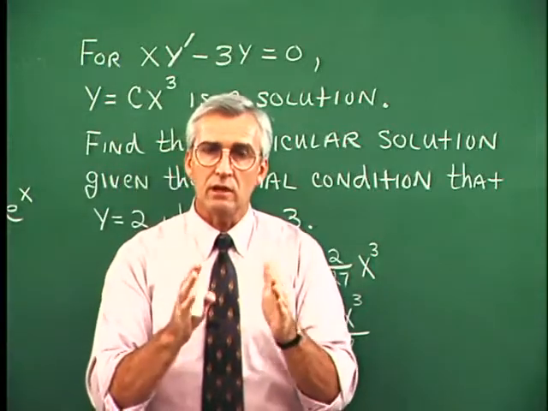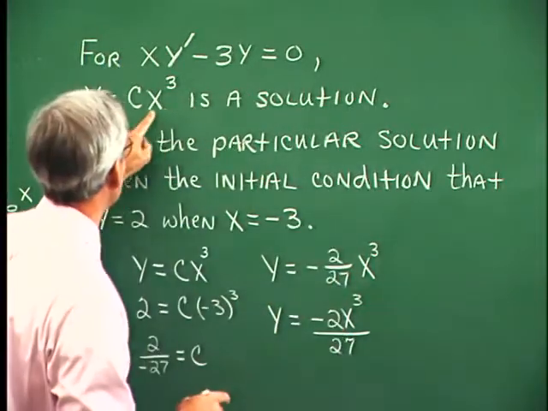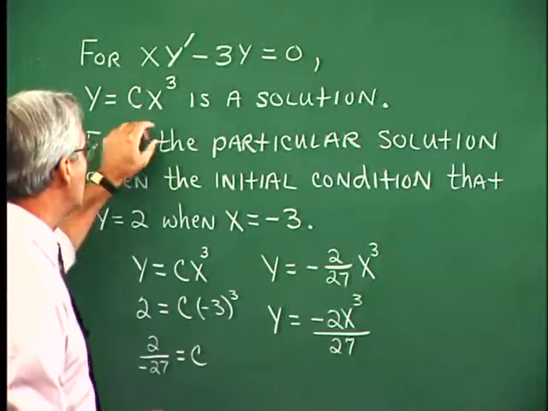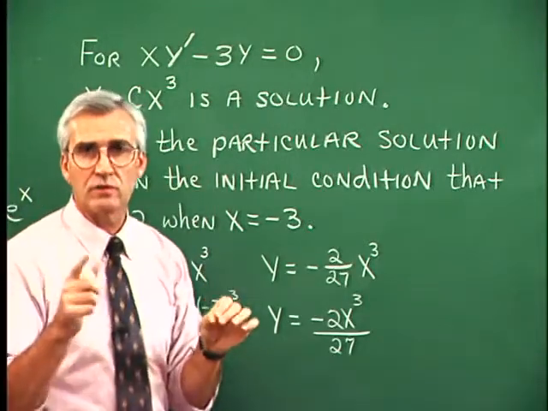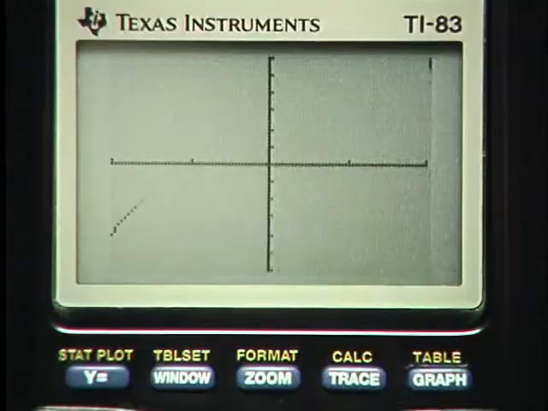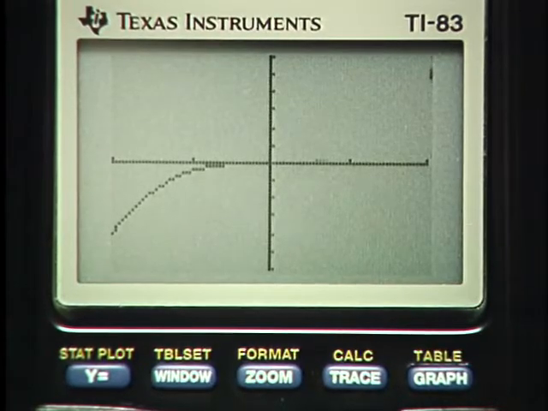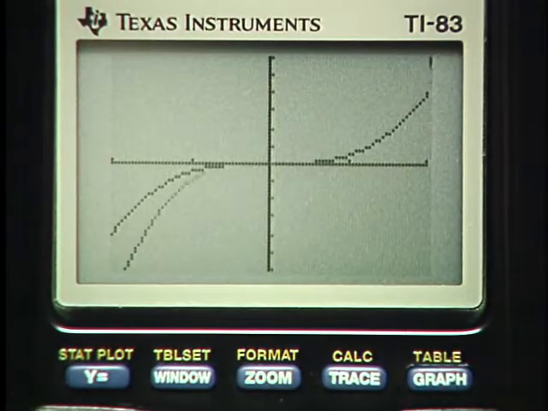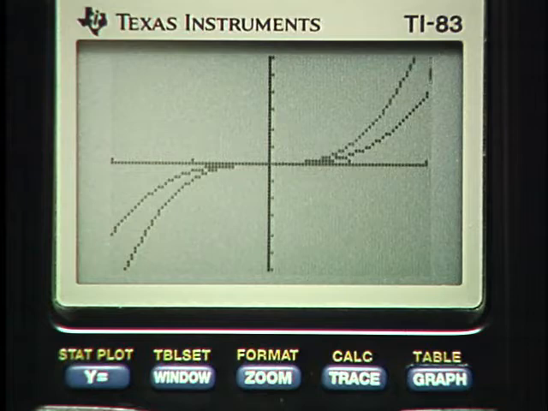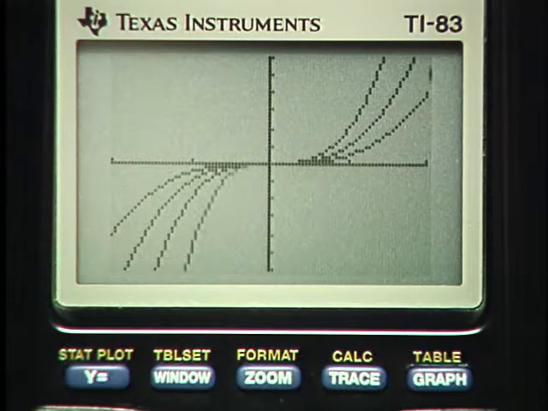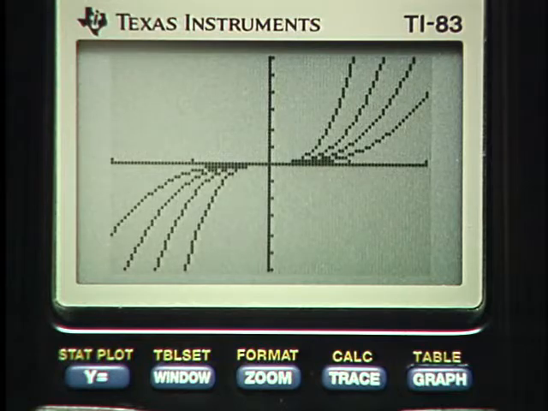You see, we can look at the graph of this equation as c takes on different values. For example, here's a look at the graph as c takes on values 1/2 and 1 and 2 and 5. Now notice that the graph is continually increasing for all of these functions.